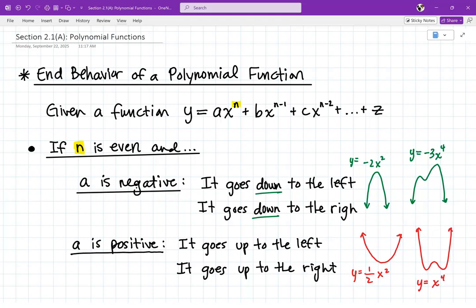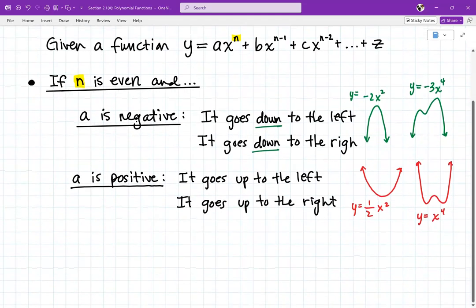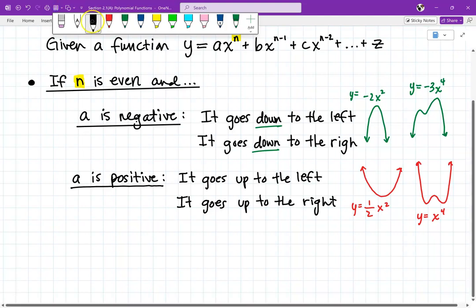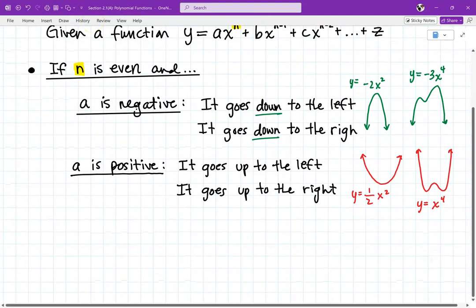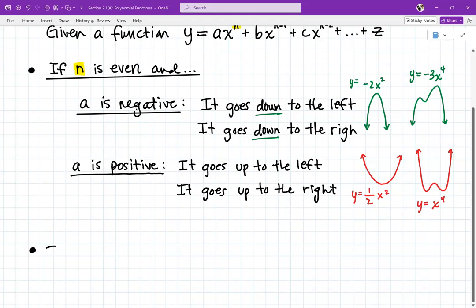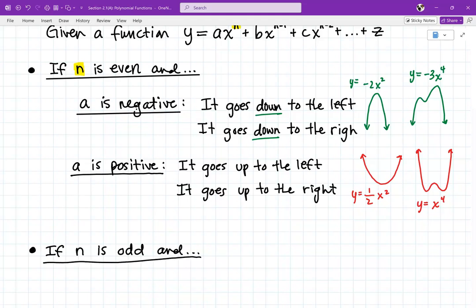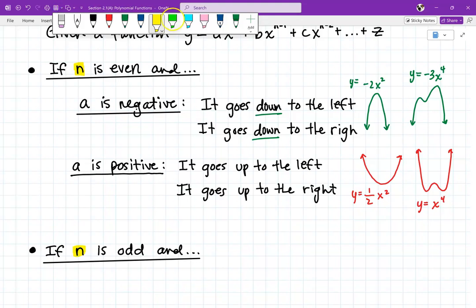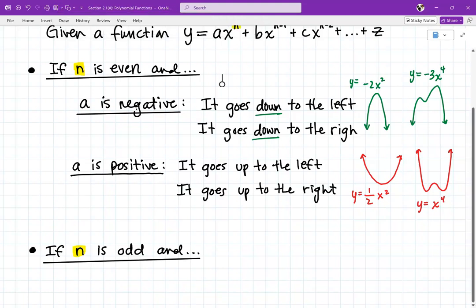The odd powers do something different. So here's the other situation. Remember I told you there's two situations? Here's the other one. If n is odd, I should highlight my a value just so we have that.